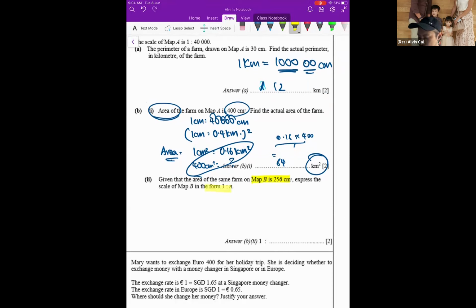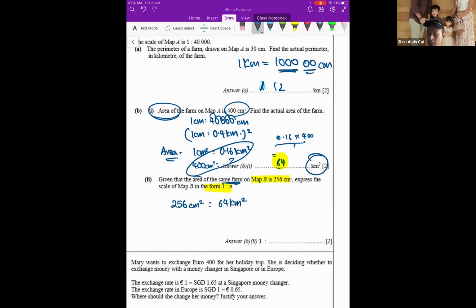Next, now they give us the area ratio and they want us to find the length ratio. So it is the same farm. The area 64 that we found previously is used for the other map. So this is the area on the map in km square, and the actual area is 64 kilometers square. So we just put it down this way.